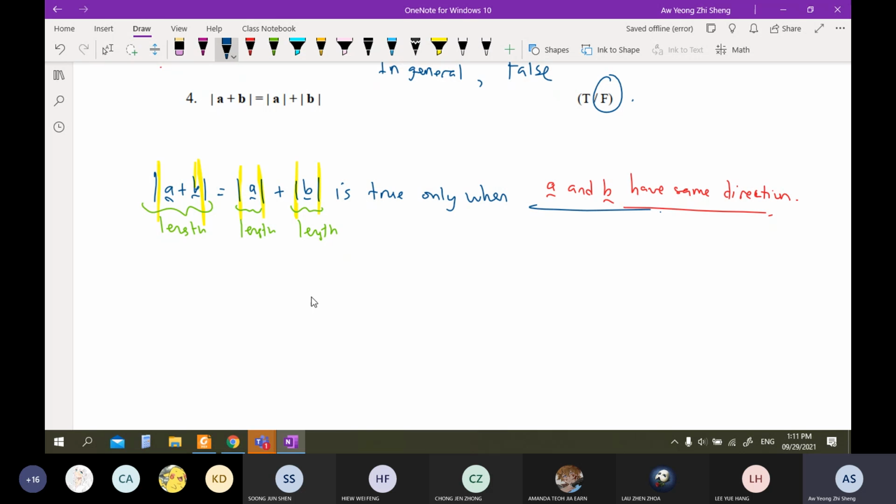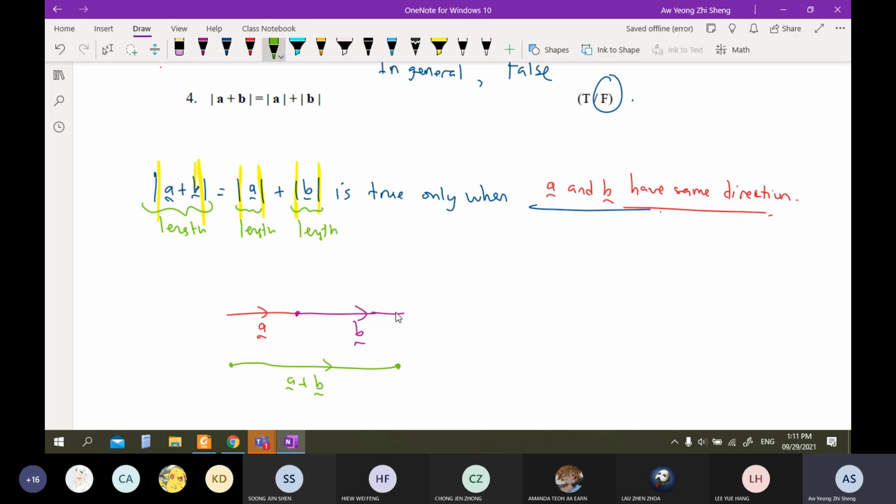So this equation is only true when A and B have the same direction, which you can see. If I have vector A like this, and vector B connected end to end, then my vector A plus B will be from the very beginning until the very end.